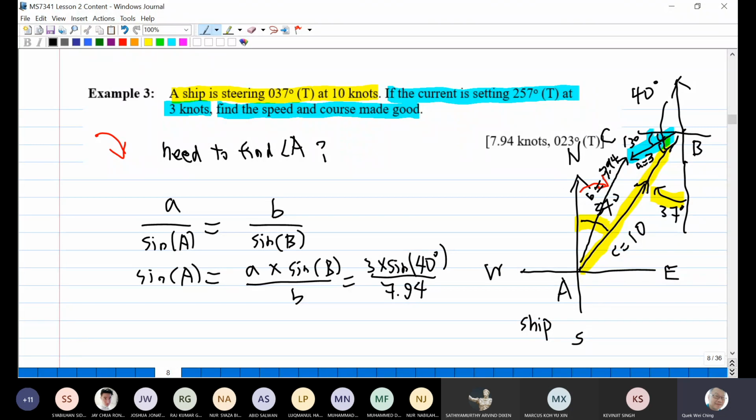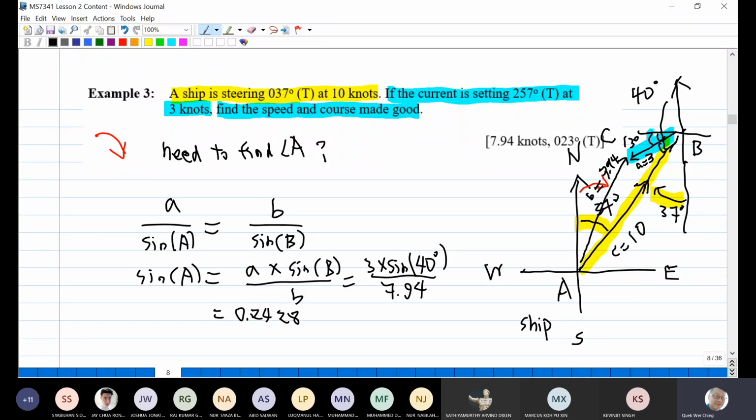So you press the calculator, 3 times sine 40 over 7.94. Okay, then you find A now. So this is equal to 0.2428. So that will tell you what A is now.